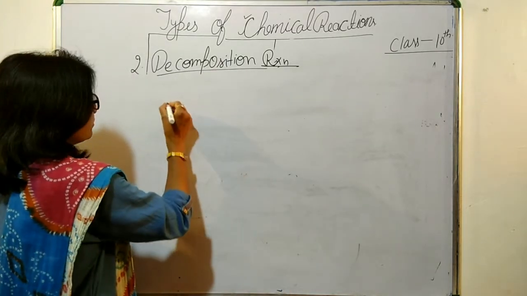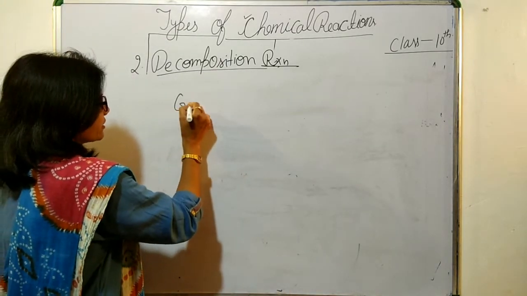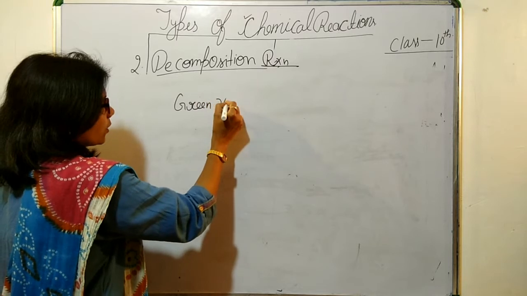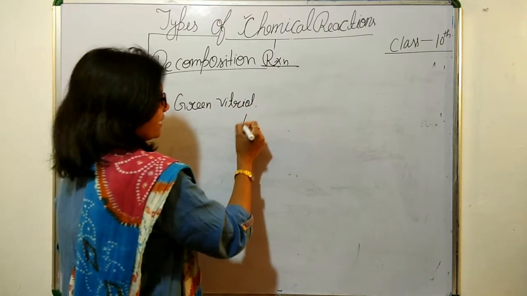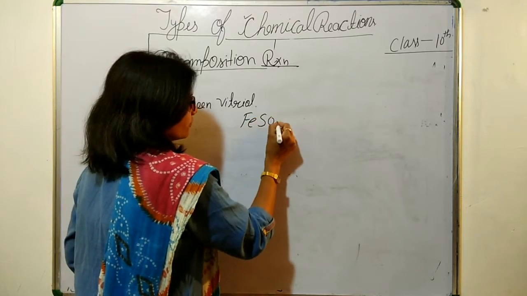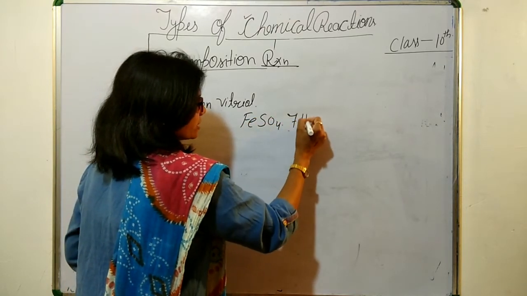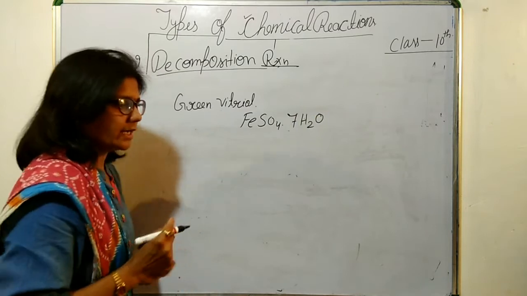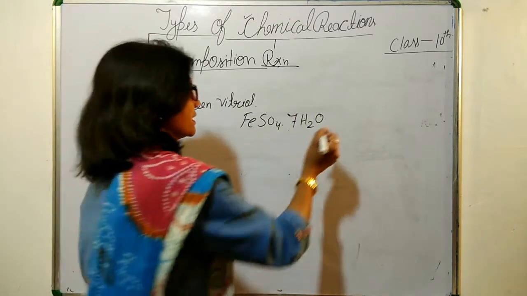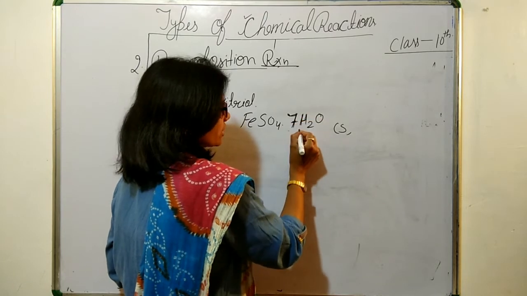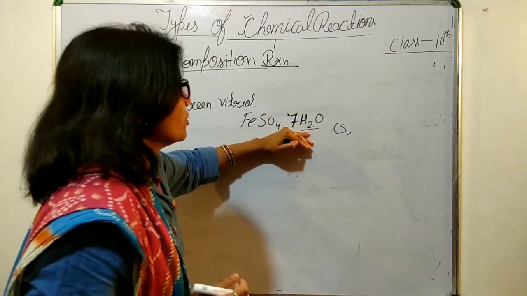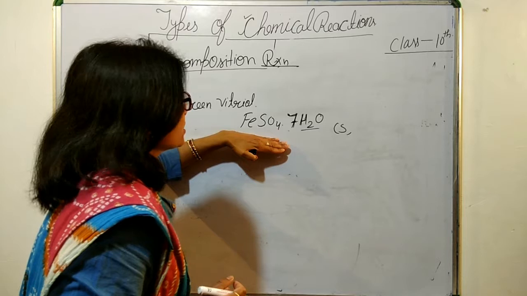You have heard about green vitriol. It is FeSO4·7H2O. It is in solid state, with 7 water molecules attached to the FeSO4.